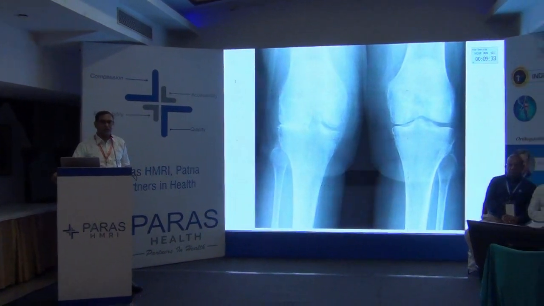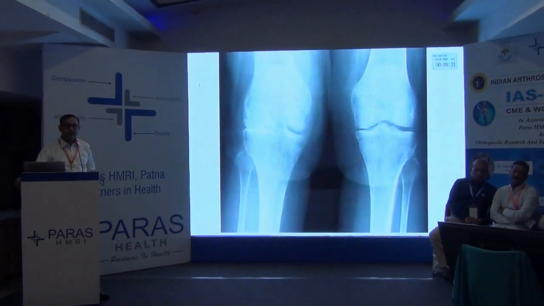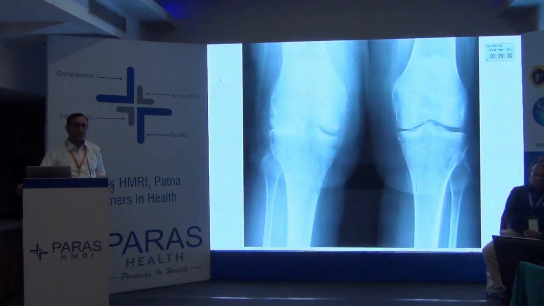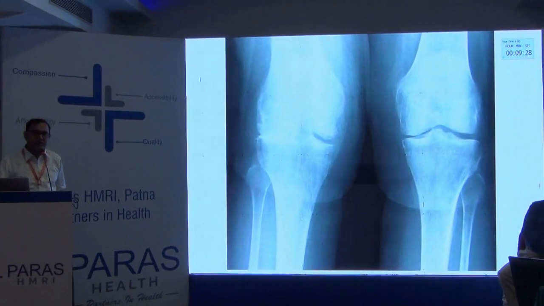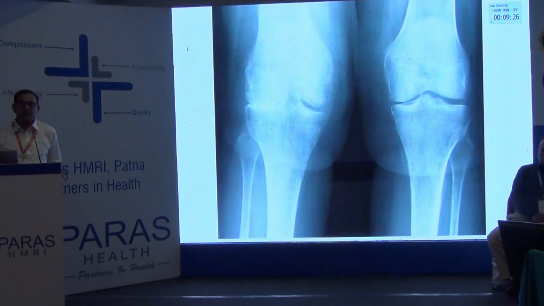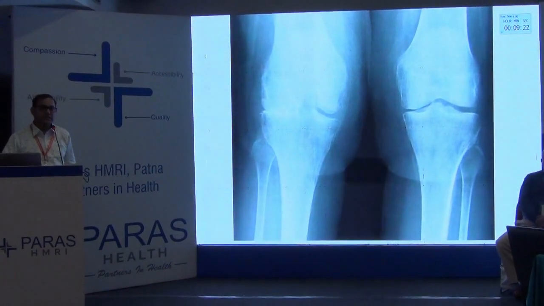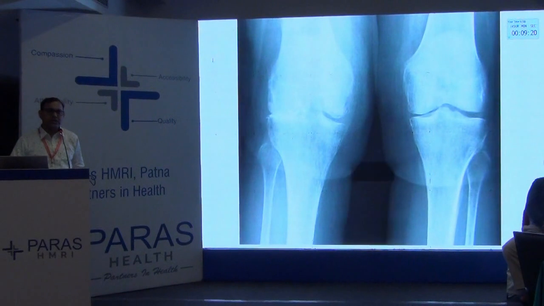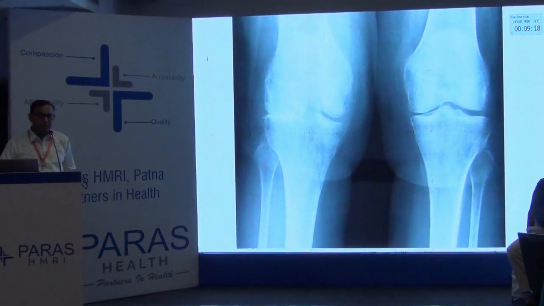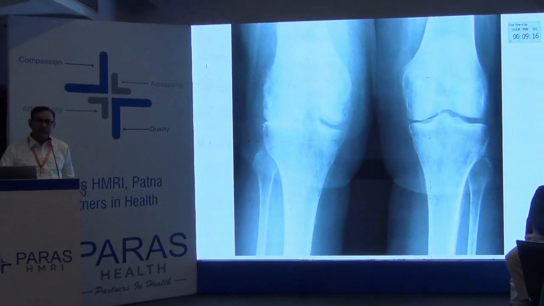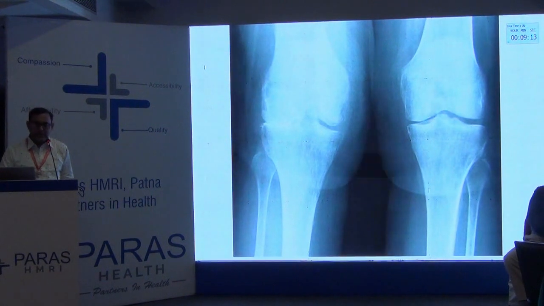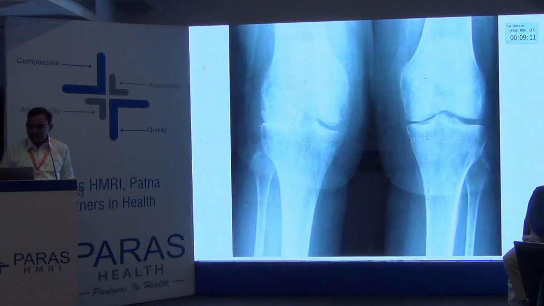A 43-year-old male patient, history of root tear. It was previously treated with meniscectomy because there was no option available at that time. The meniscus repair system was not there, and the root tear was treated, and the end result is this after 5 years down the line.